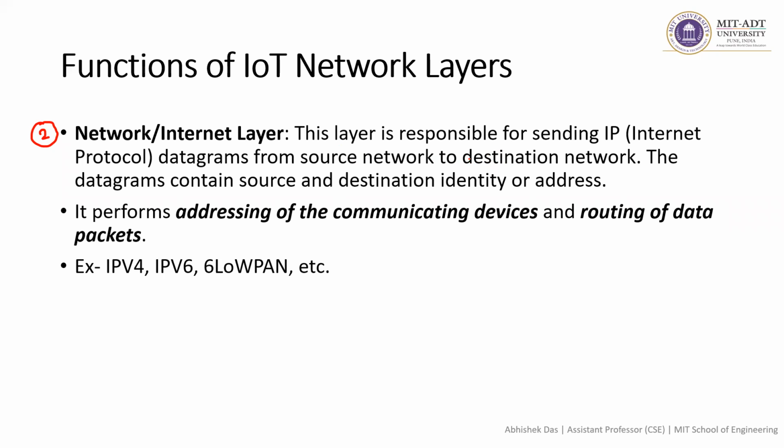The datagrams contain the source and destination address, which means the network layer sends the IP datagrams from the source network to the destination network. So the network layer, or the internet layer, performs the actions for addressing of the different communicating devices and the routing of the different packets.